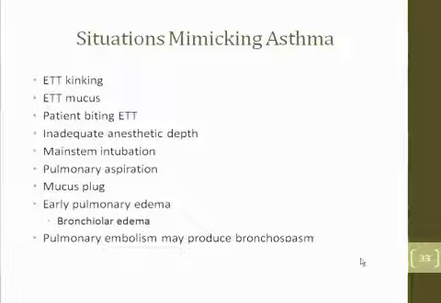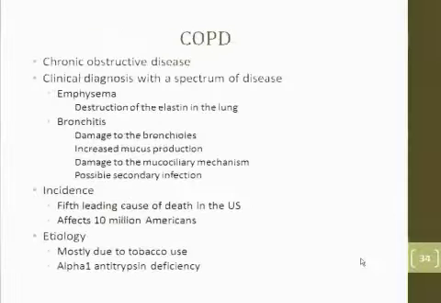If you have inadequate anesthetic depth, if you're mainstem intubated, if you had some kind of pulmonary aspiration, mucus plug may also form at higher incidence in asthmatics, you can imagine. Early pulmonary edema may also form, and pulmonary embolism may also produce bronchospasm. So you've got to think of all these possibilities, not just say, well, the guy's wheezing and that's just asthma. Not necessarily. Sometimes it could be pulmonary edema. It could be congestive heart failure. You gave too much fluids.